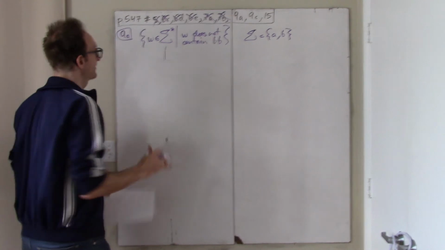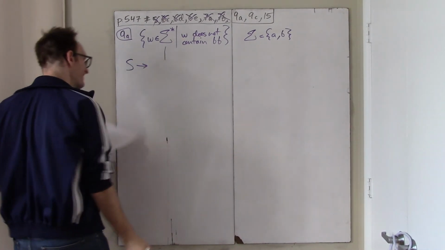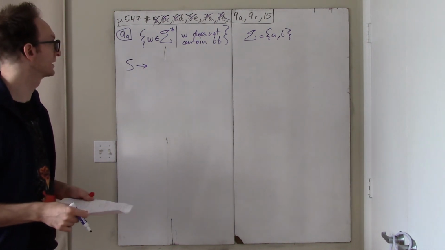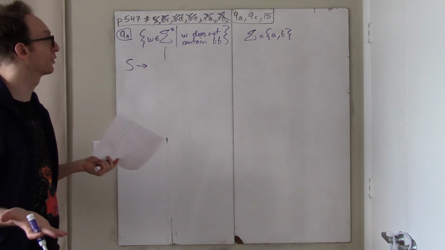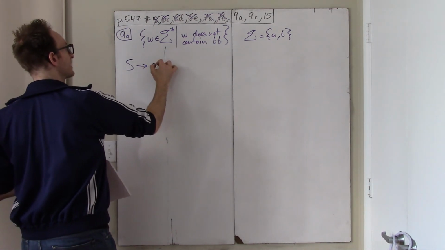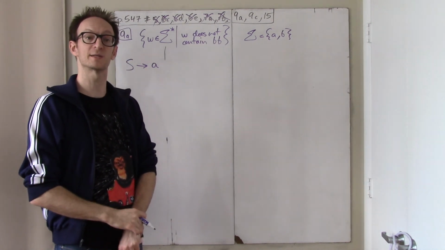I think there's a lot of different ways to do this, but I hope my way is right because it's very short. I shall say, okay, look, I can either start the string with an A or a B. So, what if I started with an A? Well, if I started with an A, I'm free to do whatever I want next.